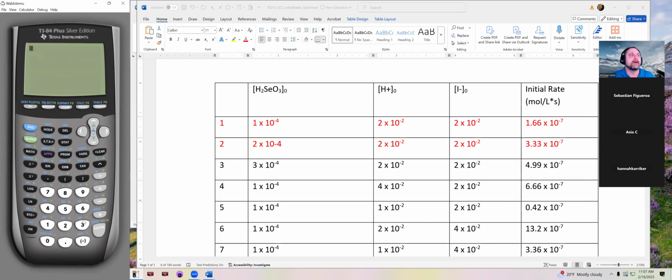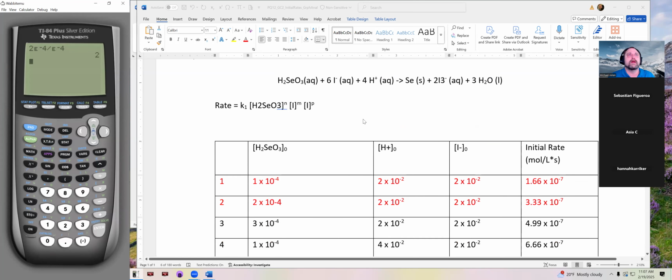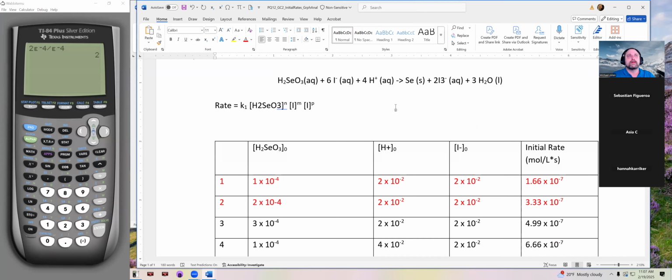Now we should get that this is doubled, but I'm just going to double check it. And I get 2. So when I'm looking over here, I'm going to label that concentration A. That doubled. And the rate, it looks like it doubled as well, but I'm going to double check.